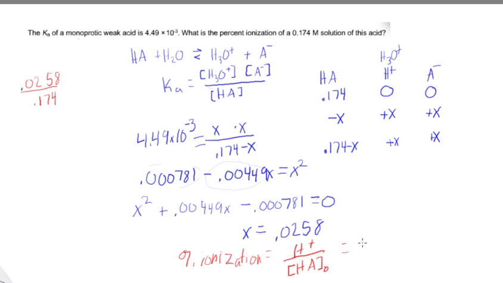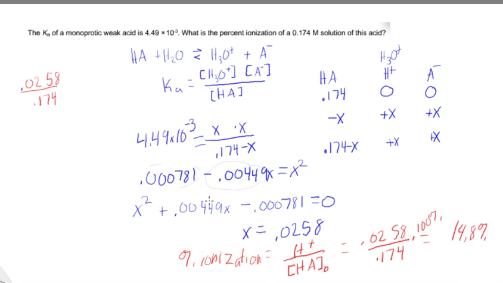So that is 0.0258 divided by 0.174, and that equals 0.148. We're supposed to multiply that by 100% to get 14.8%.